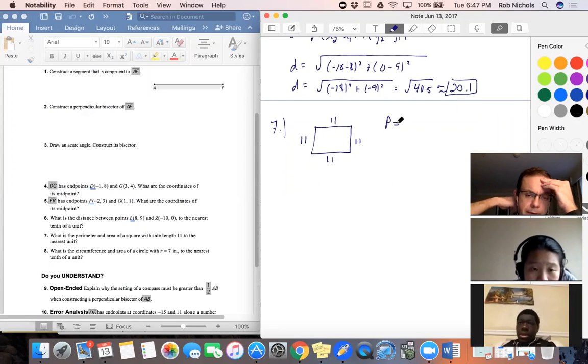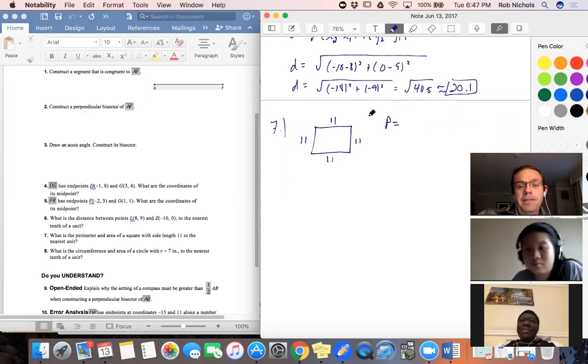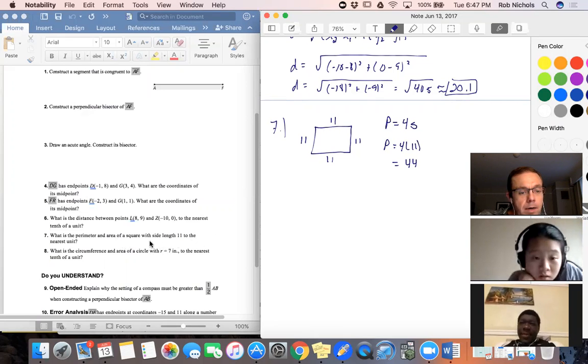Basically, it's the sum of all the sides, so in English, 4 times the side length. So the perimeter is 4 times 11, which gives us 44. And what's our units? No units, so we would just say units, or U.